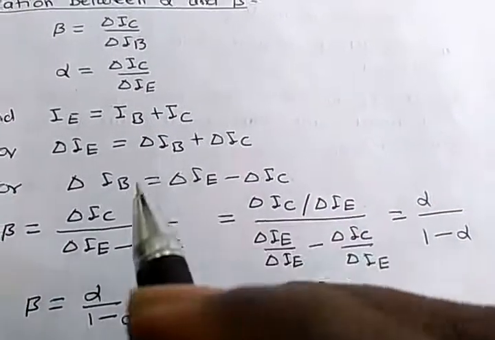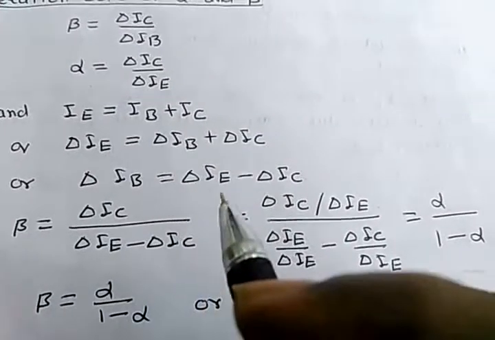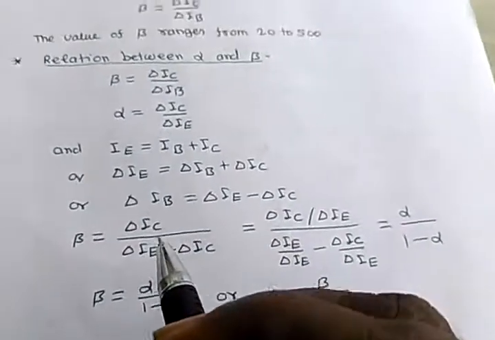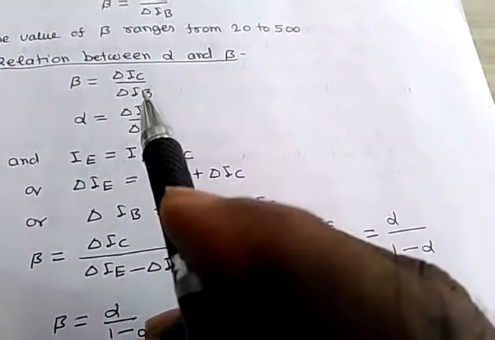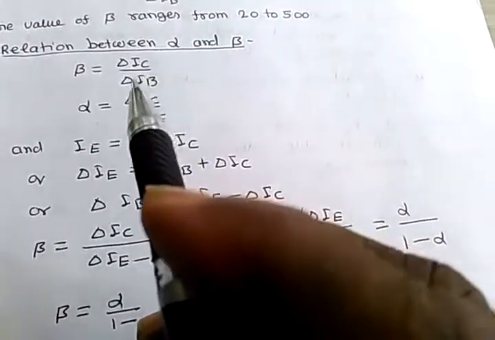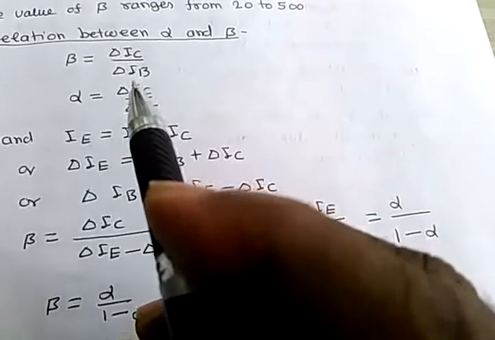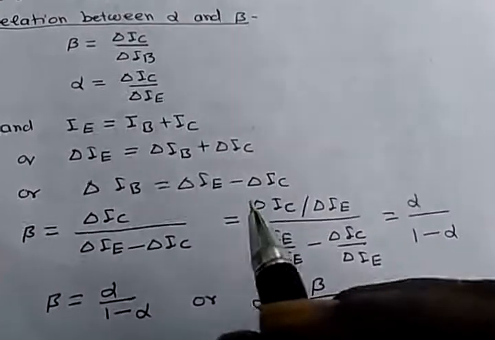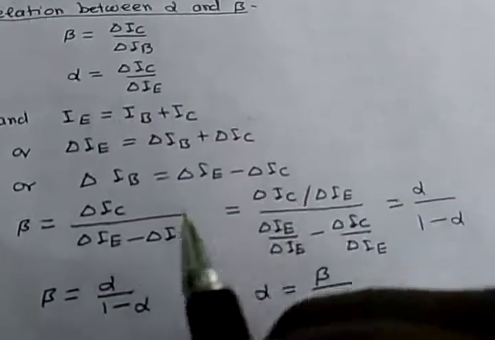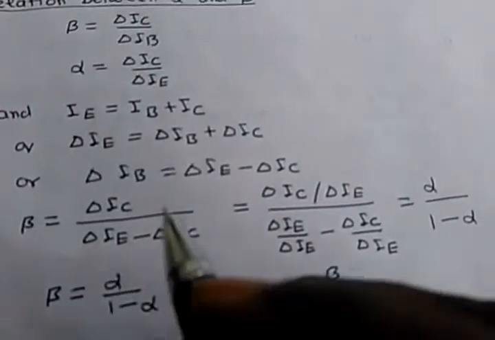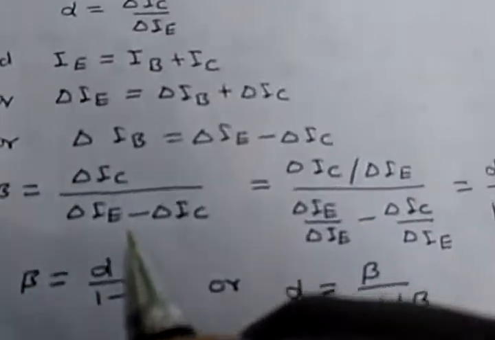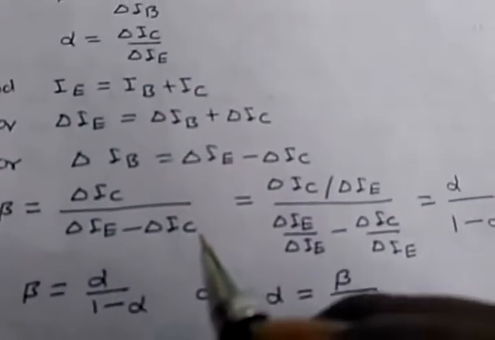So delta IB can be written as delta IE minus delta IC. In expression of beta, in place of delta IB, put delta IE minus delta IC. So beta equals delta IC upon delta IE minus delta IC.